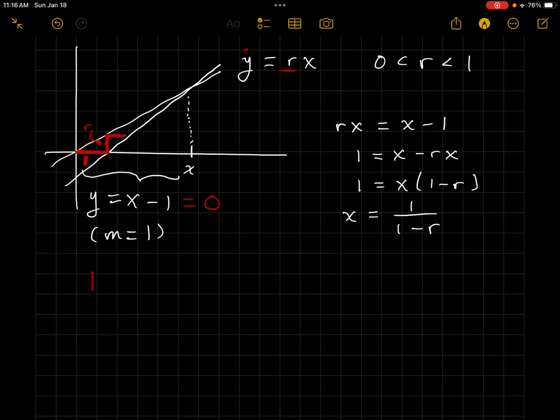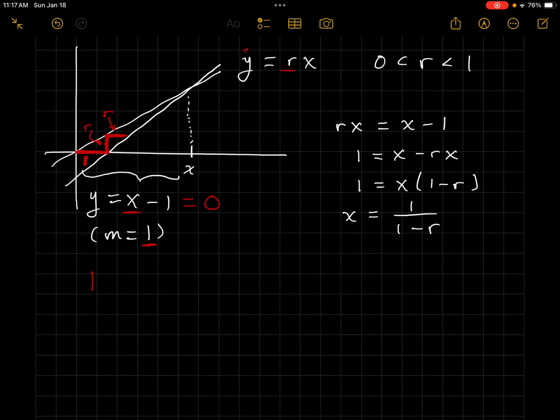Now let's figure out the length of the next horizontal piece. And my claim is that length is also r. The way I determine that is by looking at the slope of this line, which is 1. So if slope is y over x, or change in y over change in x, and the y is r, and the slope is 1, then the x must also be r as well.